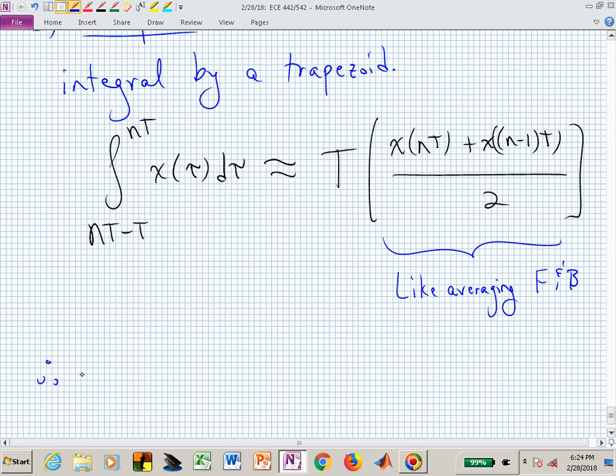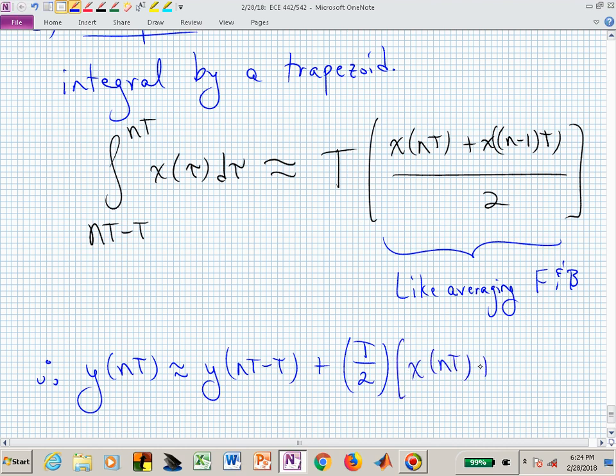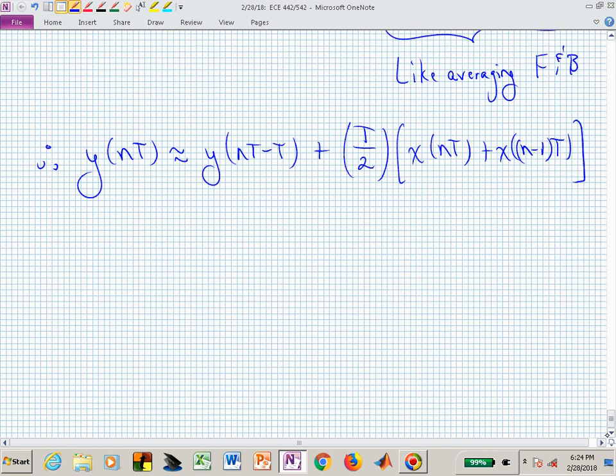So that now we have y of nT is approximately y of nT minus T plus, let me go ahead and combine my two constants, T over 2, and then I have x of nT plus x of (n minus 1)T. What's the recipe? Transform this.